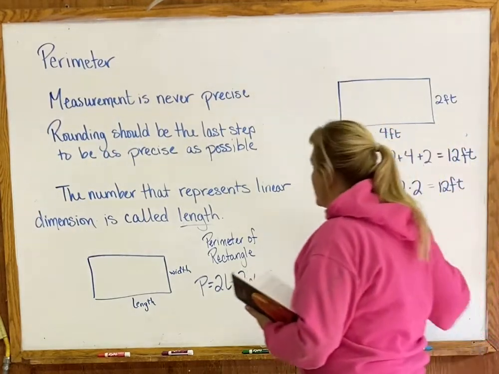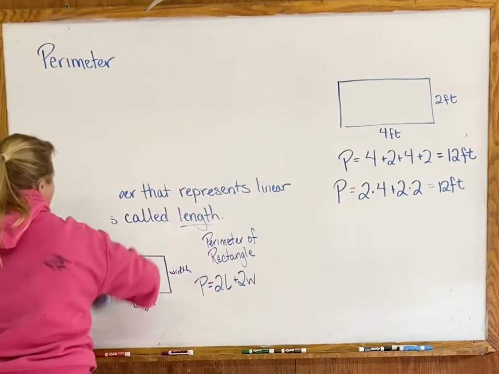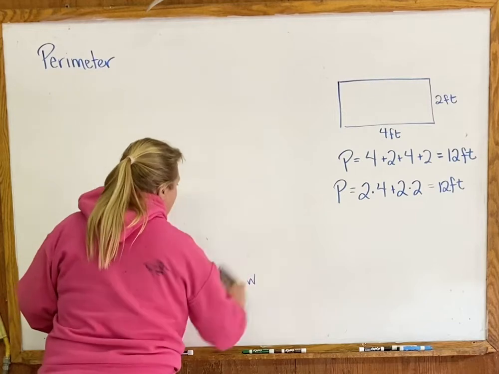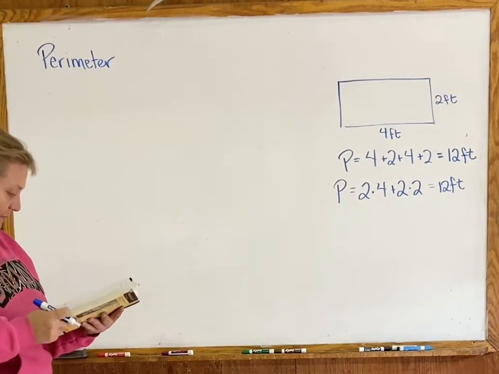So they give us a little word problem. And again, the word problems that we're doing here are just to show you how some people do use this. In this case, we're putting up fence.